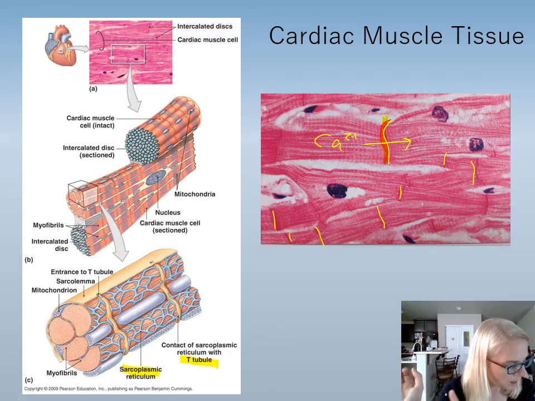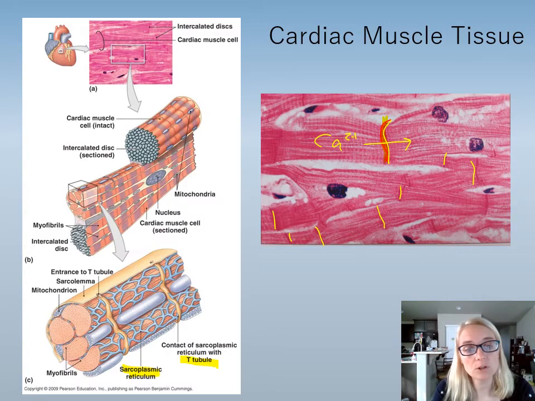Okay. Another characteristic, a physiology characteristic of cardiac muscle, is it cannot do tetanus. So the nature of its contraction cycle prevents the cardiac muscle cells from ever reaching tetanus. Remember, tetanus was when the stimuli are coming so fast that the muscle just stays contracted.